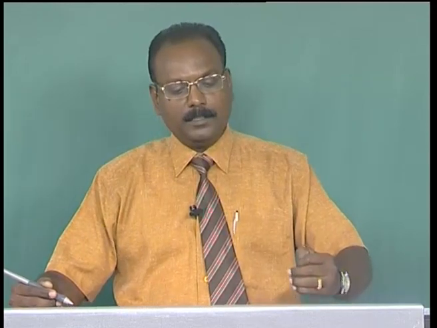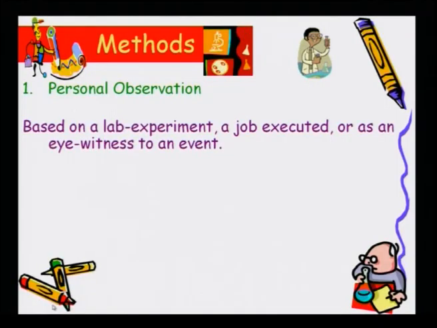Now, based on a lab experiment, you can give your personal observation, which means you are asked to conduct an experiment in the lab, and then you are asked to give your findings in the form of a report. This is one way you can give personal observation. Another way, you are given an assignment, a job, and you execute that job, and based on that execution again you can give a report.